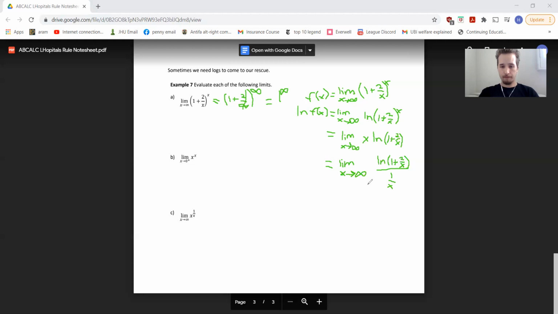So this x comes down and becomes a 1 over x. Okay. Just going to put this over here for right now. So if we plug in infinity for these values, we have to make sure we can even use L'Hopital's. We might not even need to, who knows?